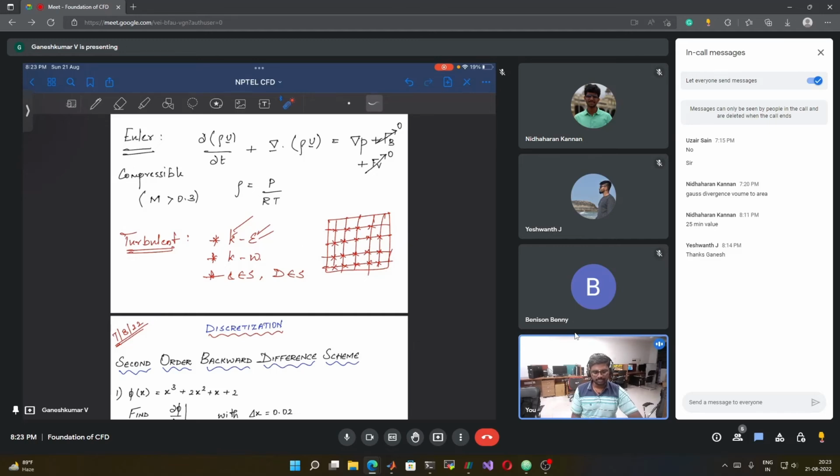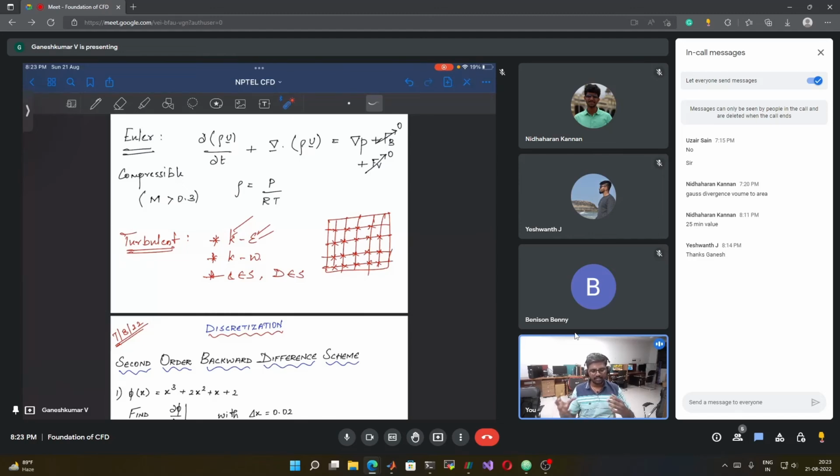Now you are okay with solutions only at certain nodes, right? So what discretization says is, I provide you schemes that convert this partial differential equation into a system of equations which you can solve in terms of the areas of interest you need.